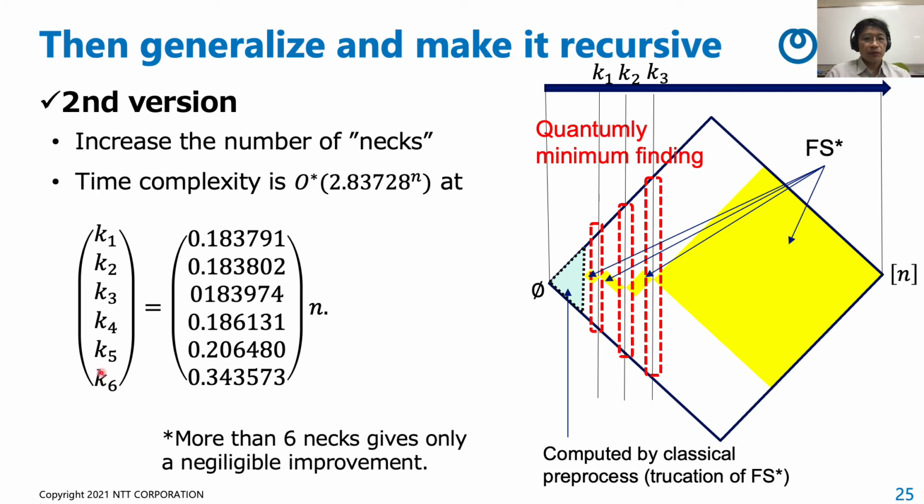To gain further speedup, we increase the number of necks to get the second version. Then the algorithm can be seen like this, where we perform the quantum minimum finding recursively. Then we get the time complexity of about 2.83 to the n by setting 6 necks appropriately.